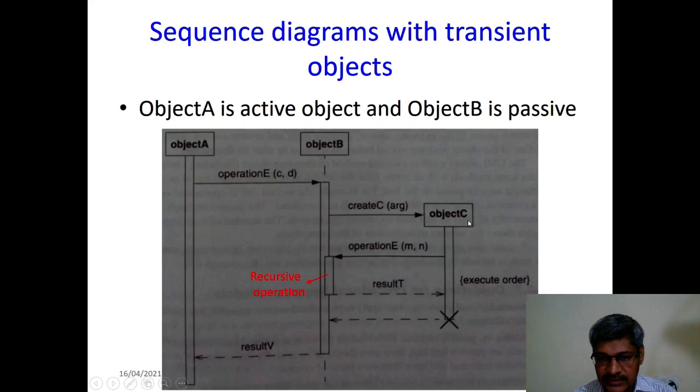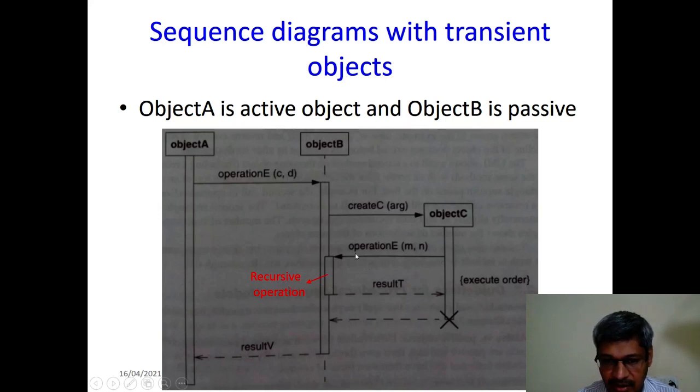See this one, object C is an active object, so its activation started from the beginning until it is destroyed. Immediately it is in the control state. And in fact this object C is calling operation E on object E, and this is a recursive operation.